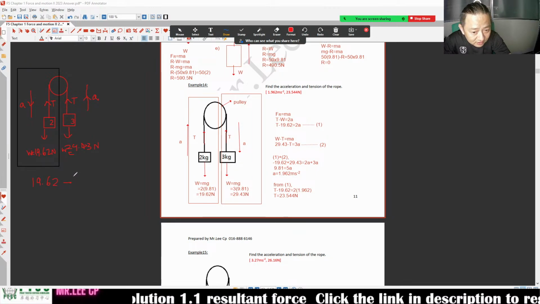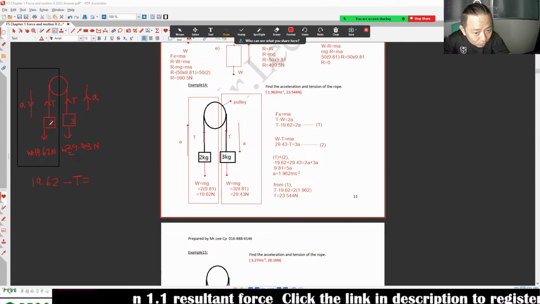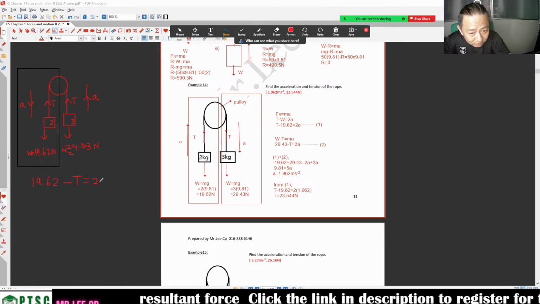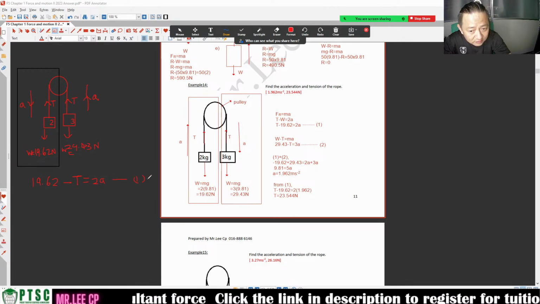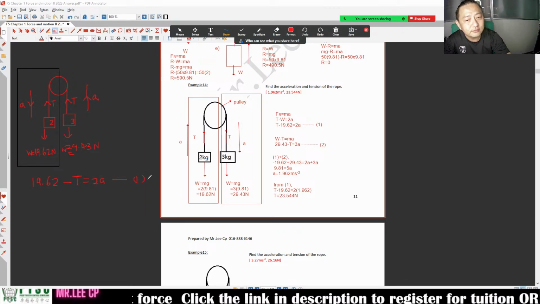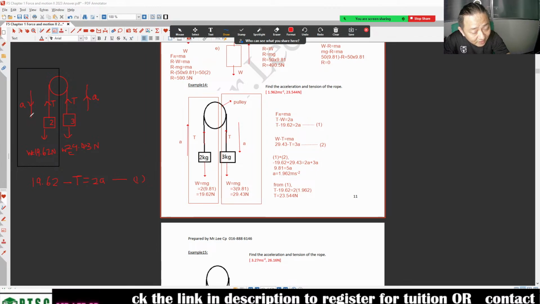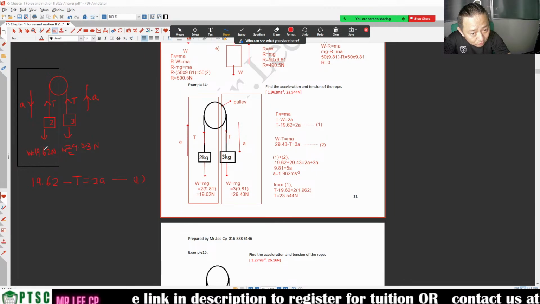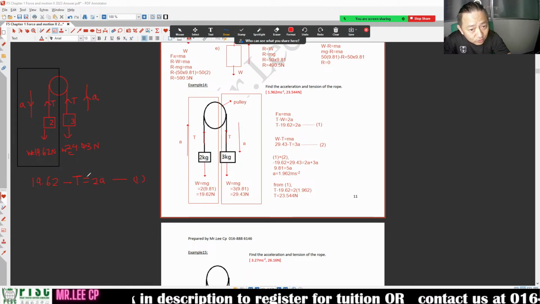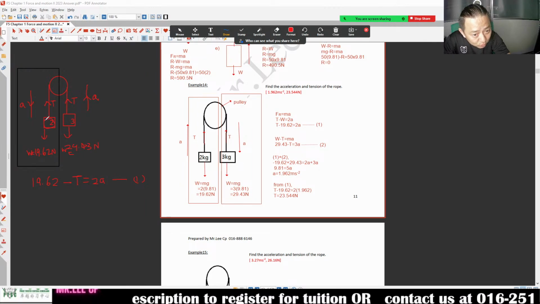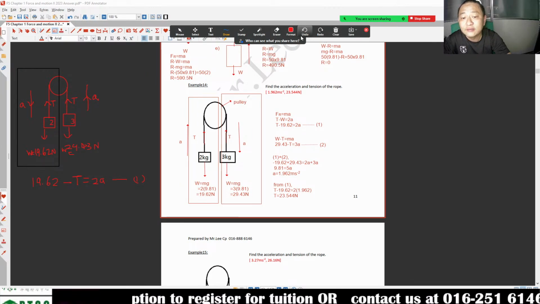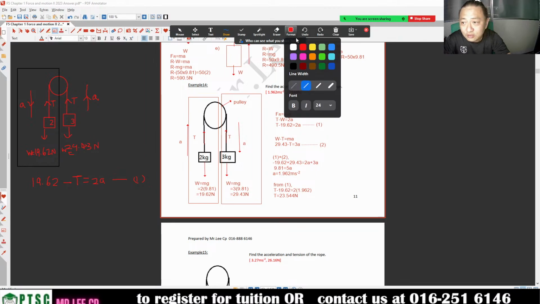19.62 minus T is equal to 2A. I write the first equation for myself. I repeat one more time, because I said it's going down: 19.62 minus T is equal to 2A, that is MA. Then I want to write the equation of this side.